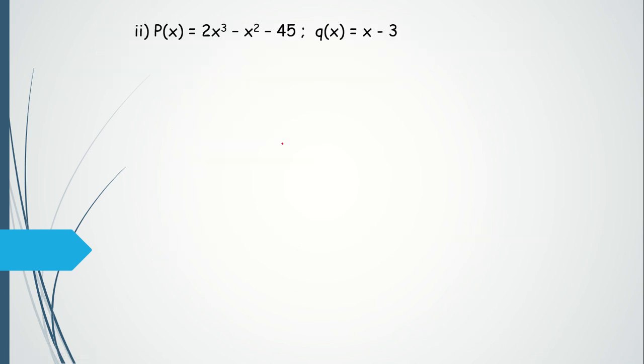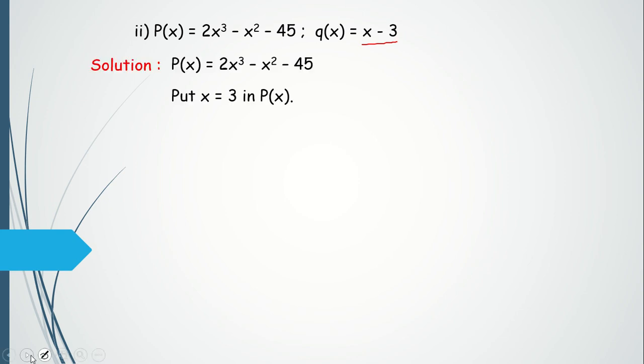Next, the divisor is x minus 3 and this is the dividend. So find p of 3, and check if p of 3 is 0. So 2 into 3 cube minus 3 square minus 45. 3 cube is 27. 2 into 27 minus 9 minus 45.